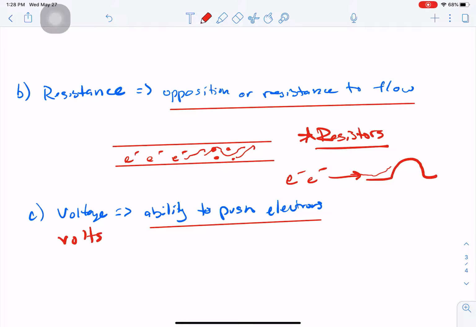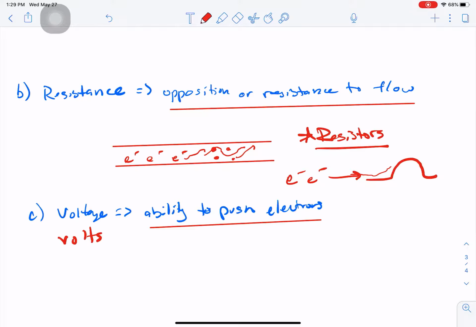The electrons in this case represent the water. So, the greater the height and the larger the tank, the greater the flow of water, which is the greater the flow of electrons. So I'll keep coming back to this, but let's move on.